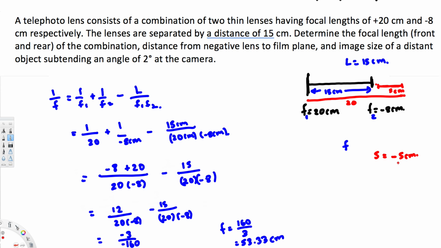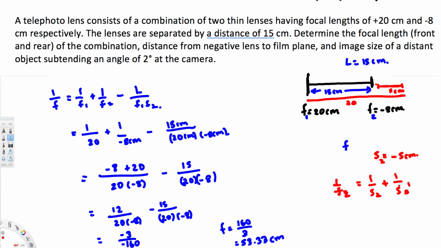From this we can find the distance from the negative lens to the film plane, using this formula: 1 over f2 is equal to 1 over s2 plus 1 over s2 prime.